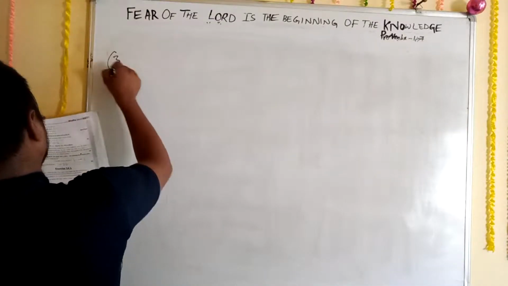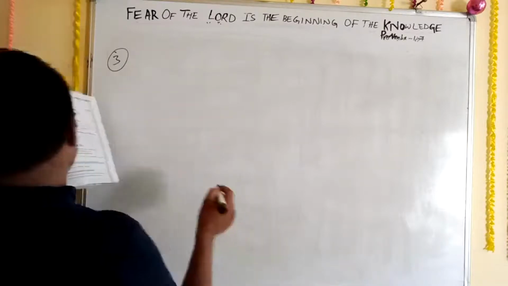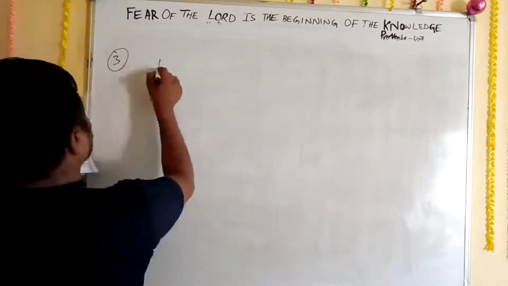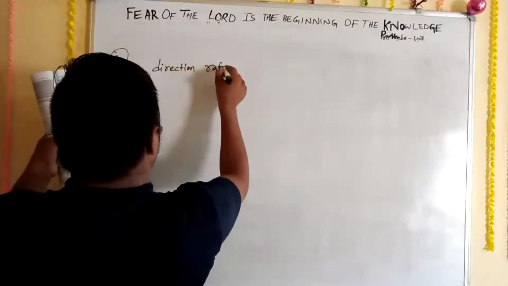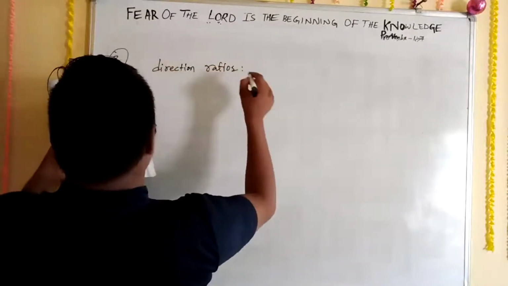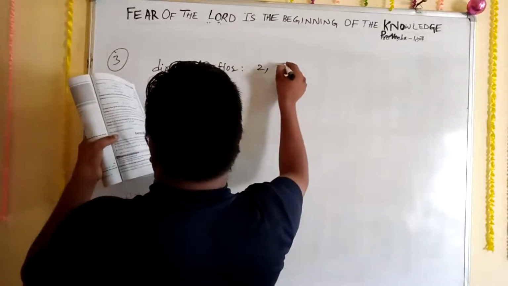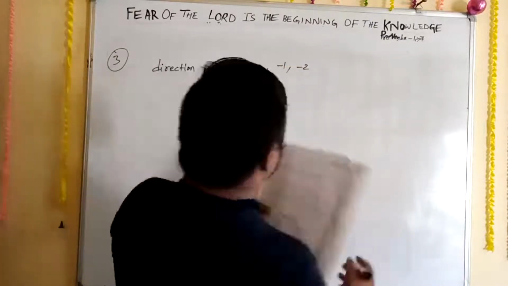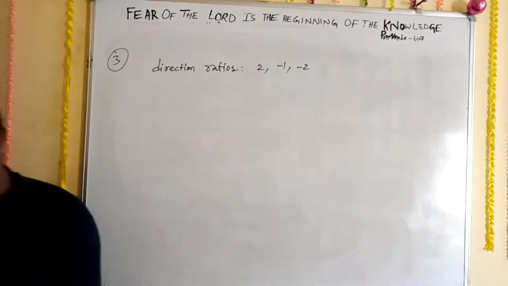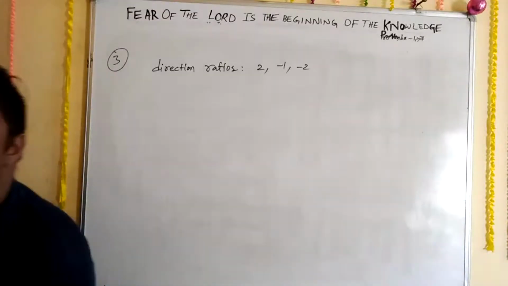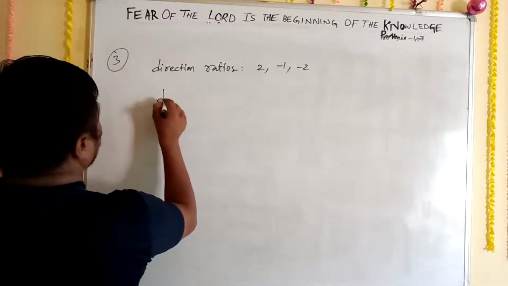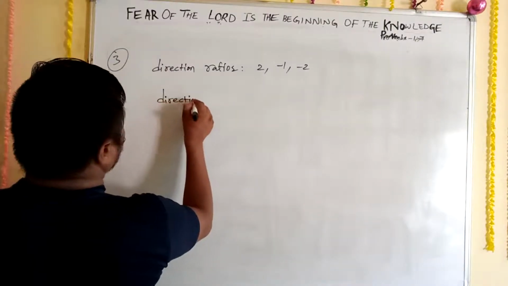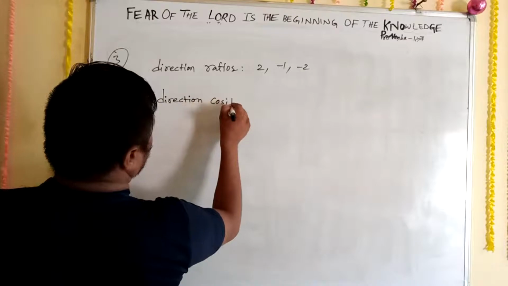Now the third question. A line has direction ratios 2, minus 1, minus 2. Determine its direction cosines. So now we are going for the direction cosines. I'll write here direction cosines.